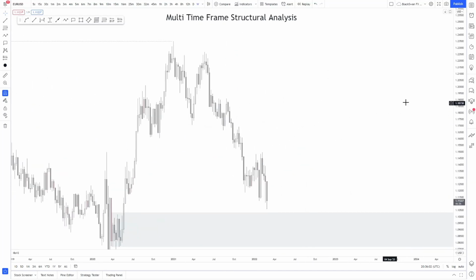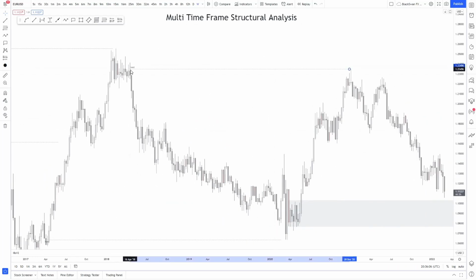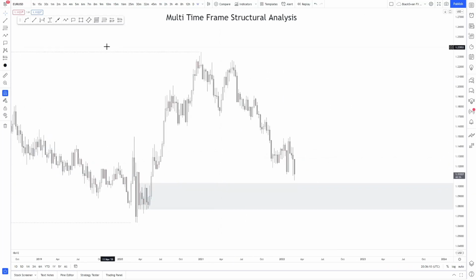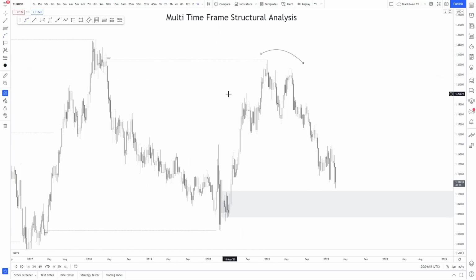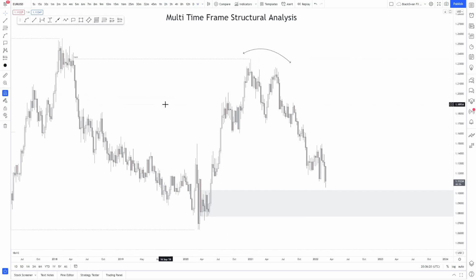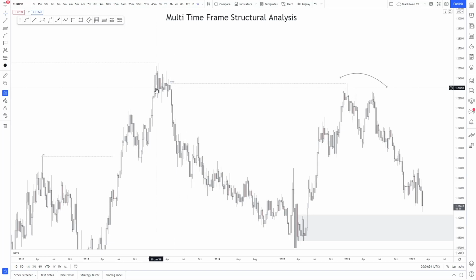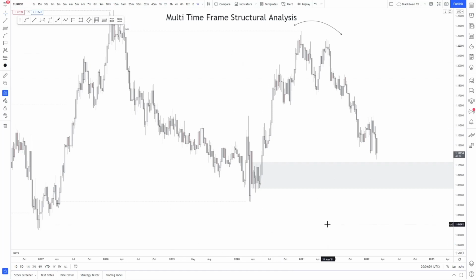So on the weekly, what I'd be looking at is, okay, so we've traded up into this high. We've respected it. We've had a shift of order flow right here. Order flow and structure have realigned at this point, because it is a bearish market, yeah. And we did trade up into the leg of price, and it is reasonable to assume price could trade down.